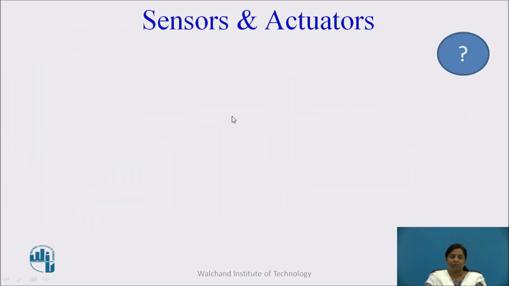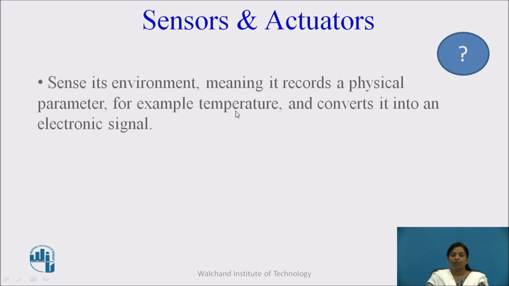Pause the video for a while and think about what a sensor is. A sensor is a device which converts a physical quantity into an electrical signal. For example, a thermocouple converts temperature into an electrical signal.